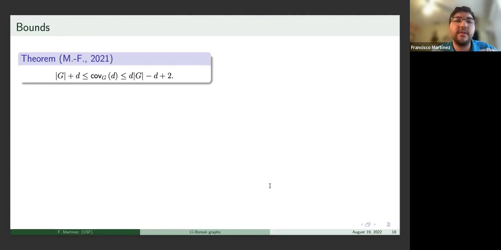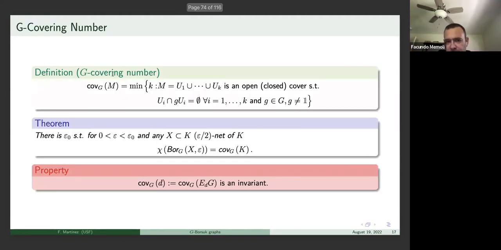What we care about is bounding this number, and this is what we were able to give as bounds. Sorry, one quick question. Could you go back to the previous slide? I just wanted to look at the definition of cov_G of M. Infimum K. Okay, thank you.